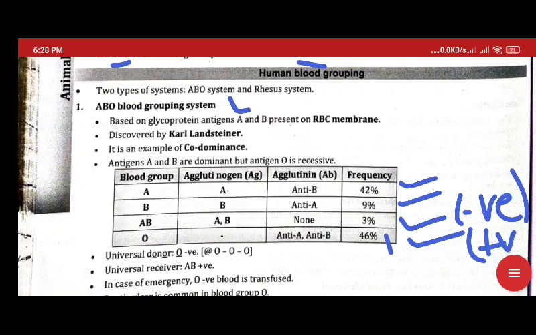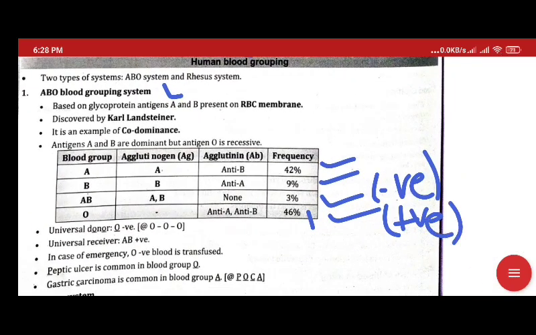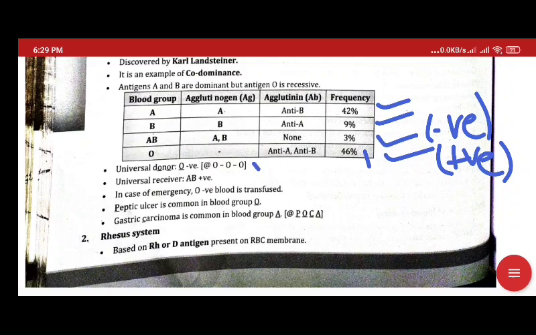Universal donor is O negative, and AB positive is the universal receiver.